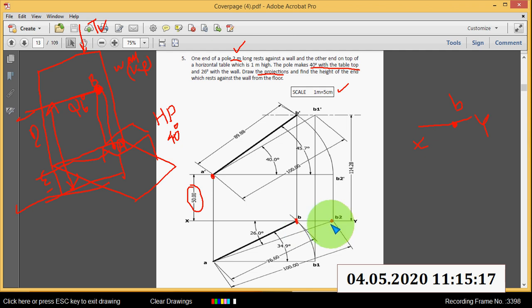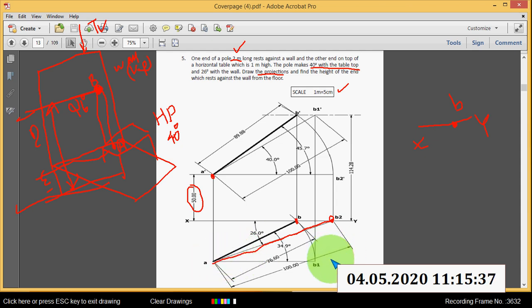Also the point B2 is in the XY line. This B2 will be in the locus line of B.